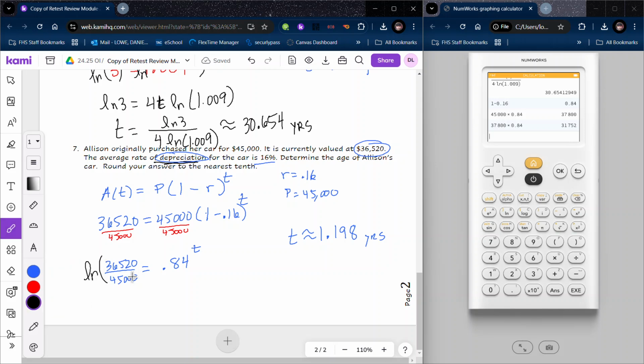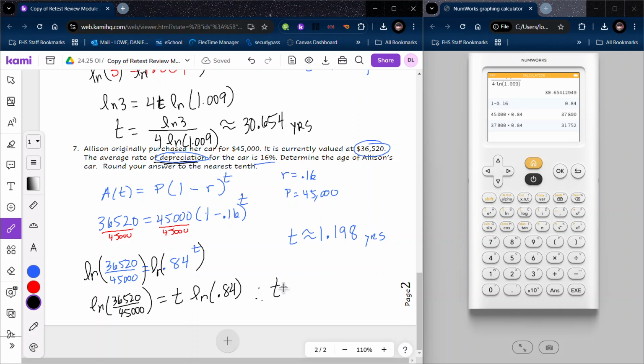If I take the natural log of one side, I can take the natural log of the other side. Properties of exponents tell me that the natural log of 36,520 divided by 45,000 must be equal to t times the natural log of 0.84.